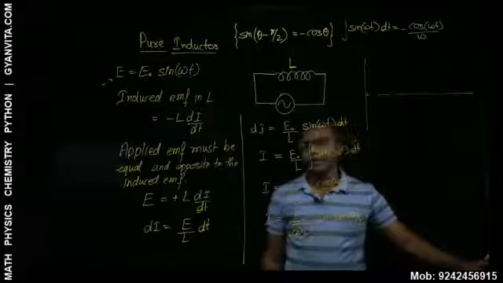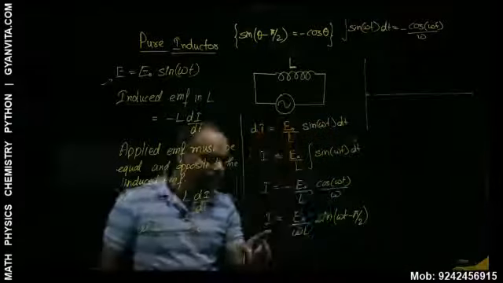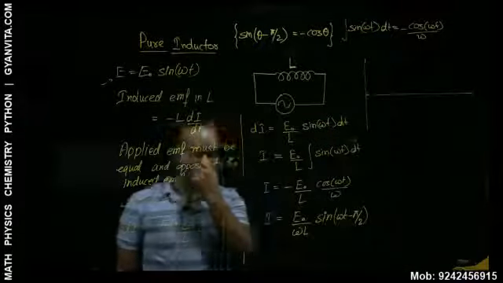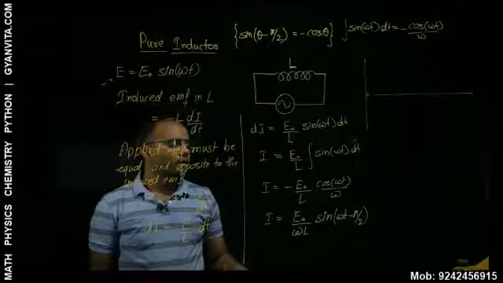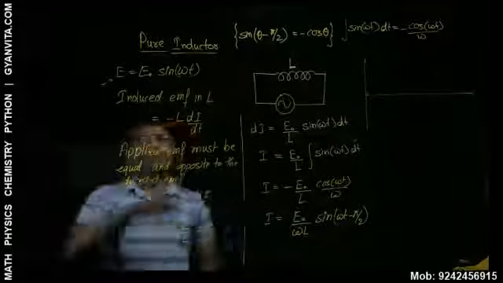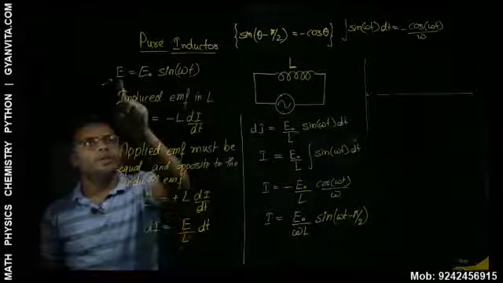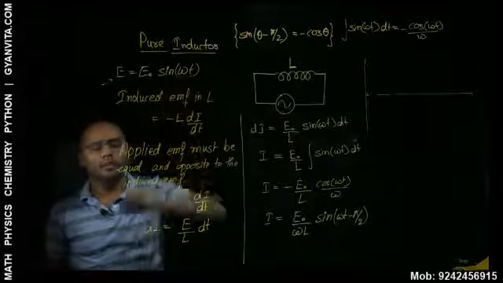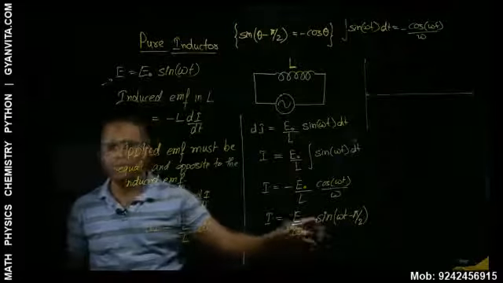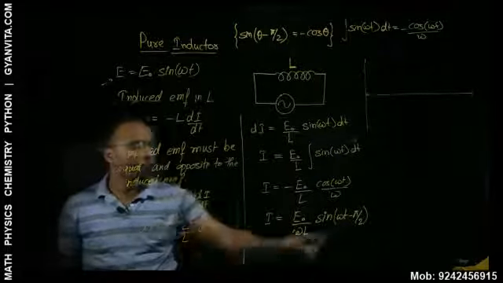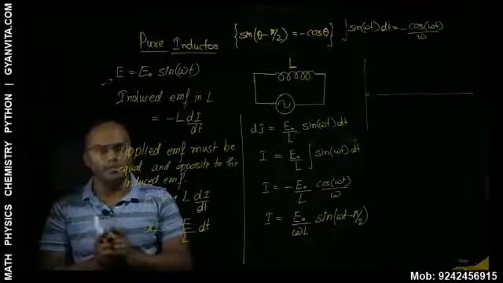If you compare these two, we can see that the current is sine of omega t minus pi by 2. For example, at t equals 0, E is sine 0, so E will be 0 at t equals 0. But here, to make this 0, omega t should be equal to pi by 2, so t is not 0 there.